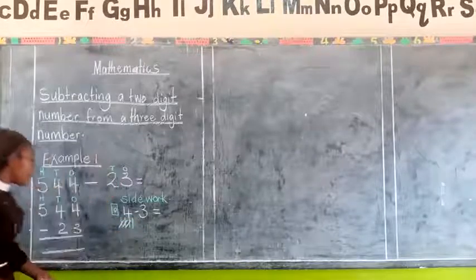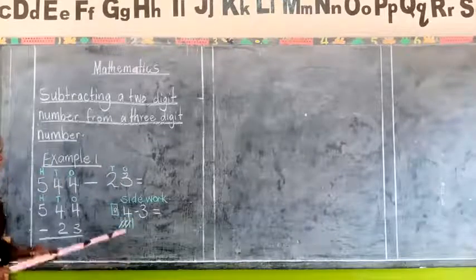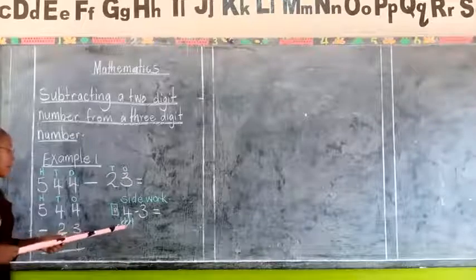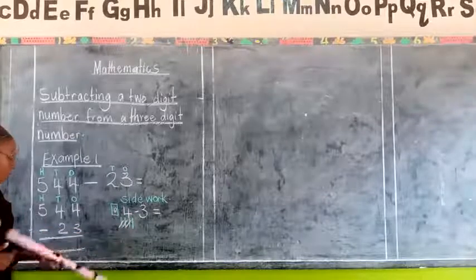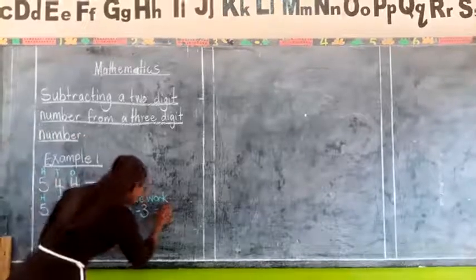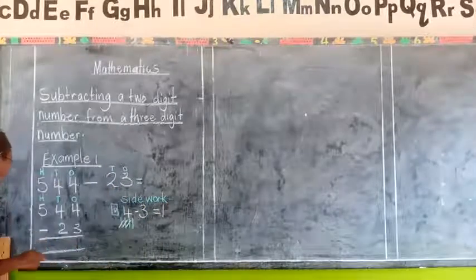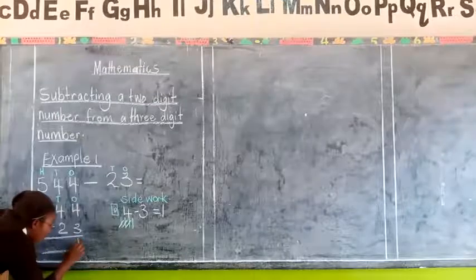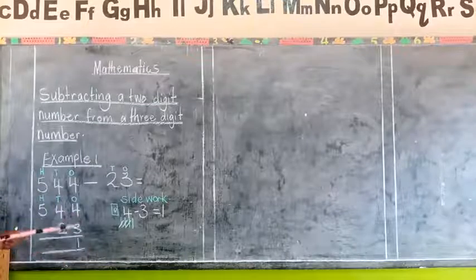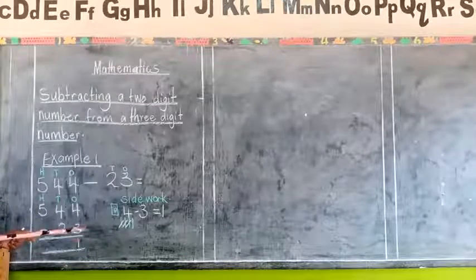How many are we remaining with? Let us count. 1. So 4 take away 3, we shall get our answer as 1. We go back under the ones place value and we write 1.